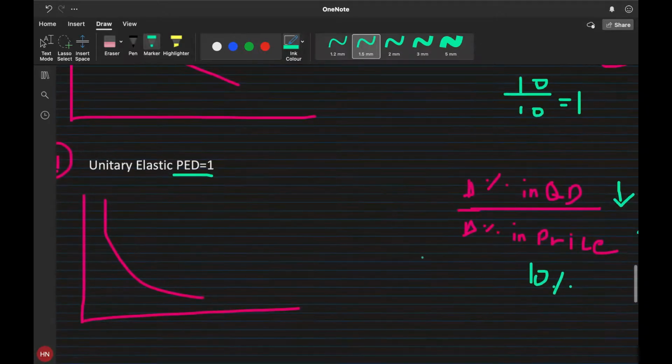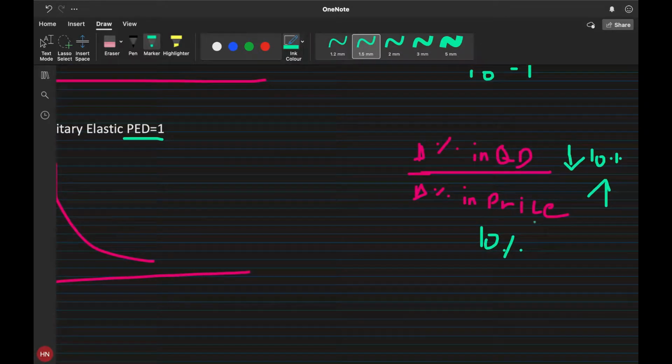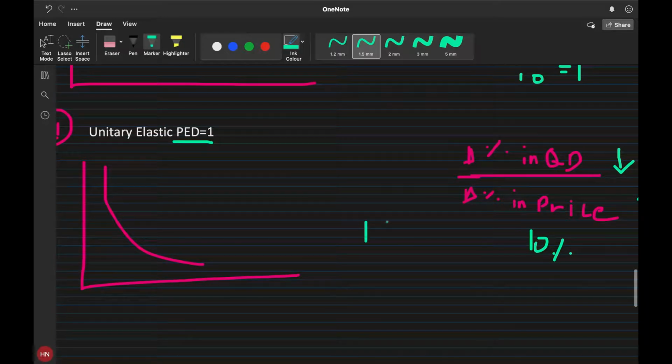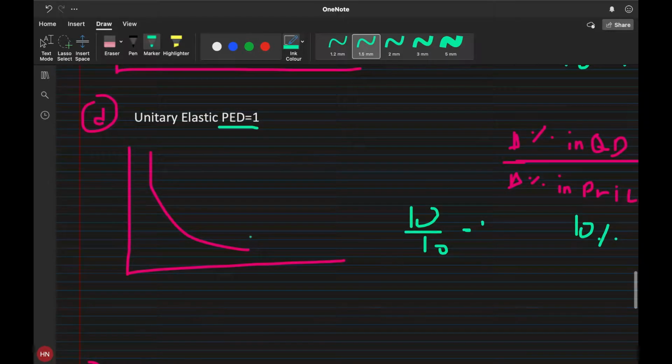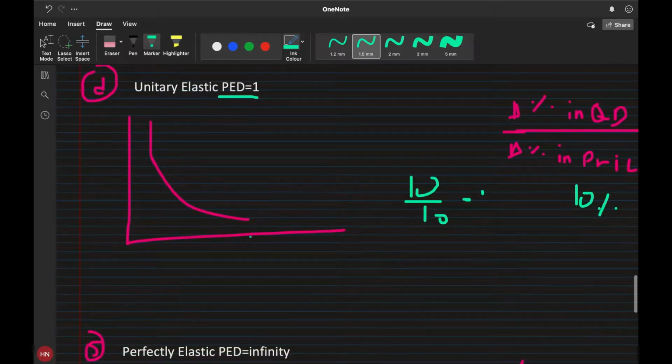And since it's exactly 10%, then 10 divided by 10 is equal to 1, and that gives us a value of 1. And the graph is this sort of a rectangular hyperbola. And I think that's pretty much it from this one.